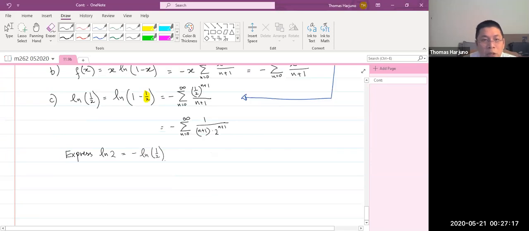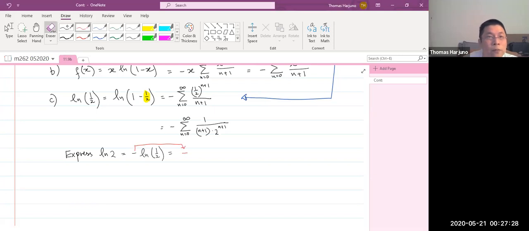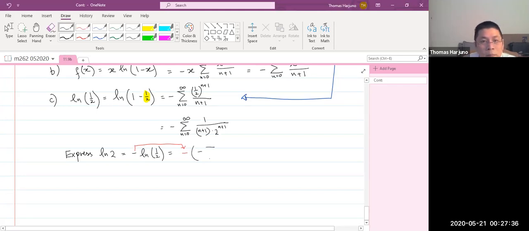Which equals the negative of that negative. The negative cancels.